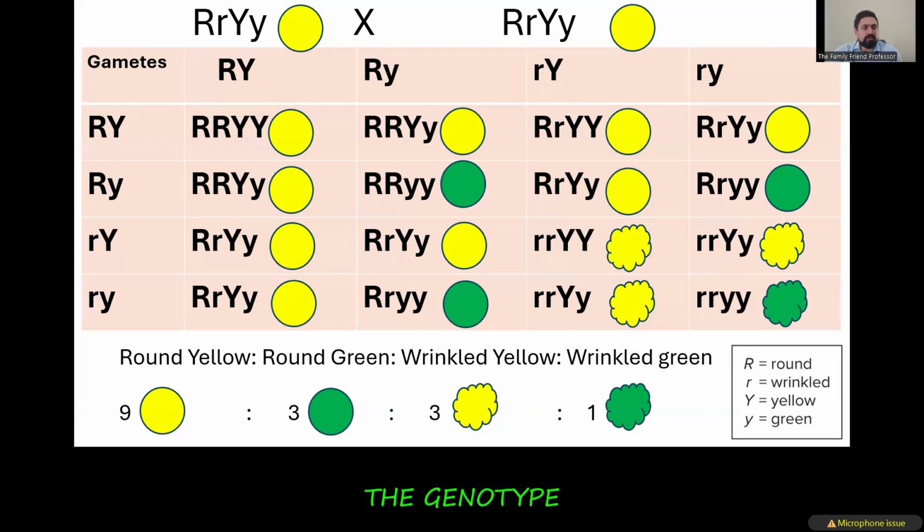So now that this is the genotype, what is the phenotype? These are yellow, yellow, green, green, based on the genotype. This is big R, so I know this is round, and big Y, little y is yellow. If you look at this one, it has little r, little y, and that is wrinkled and green.